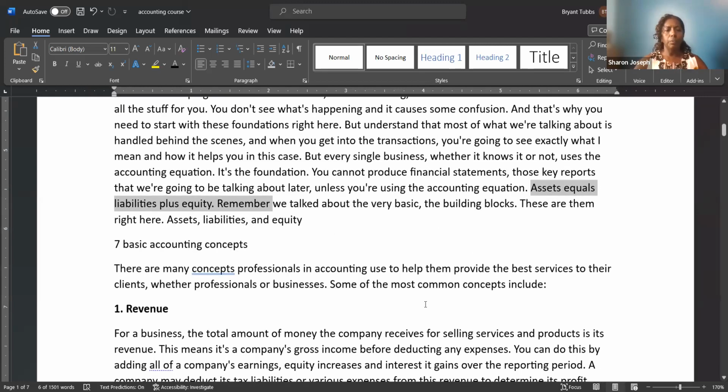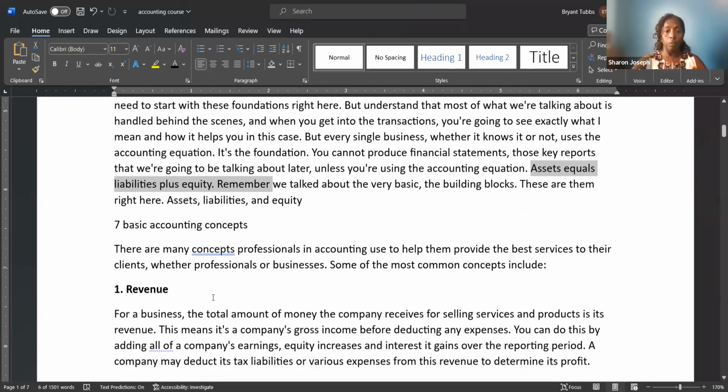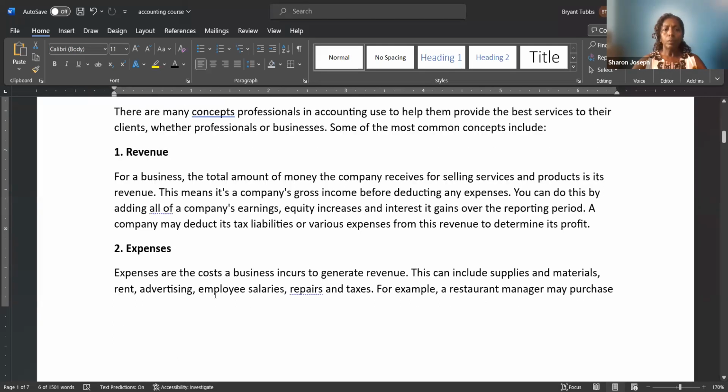So let's keep moving forward into seven basic accounting concepts. There are many concepts professionals in accounting use to help them provide the best services to their clients, whether professionals or businesses. Some of the most common concepts include, number one, revenue. For a business, revenue is the total amount of money that the company receives for selling its services and products.